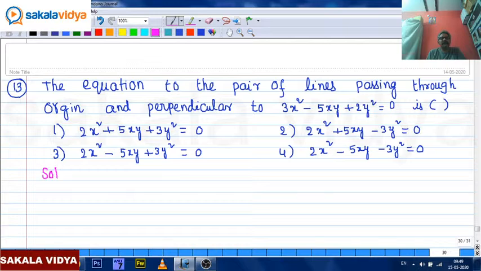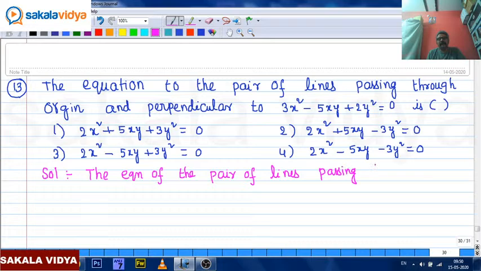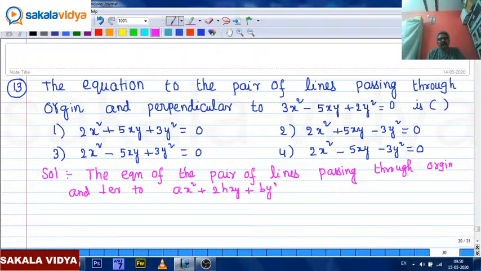Here, the equation of the pair of lines passing through the origin and perpendicular to ax square plus 2hxy plus by square equals 0 is bx square minus 2hxy plus ay square equals 0.